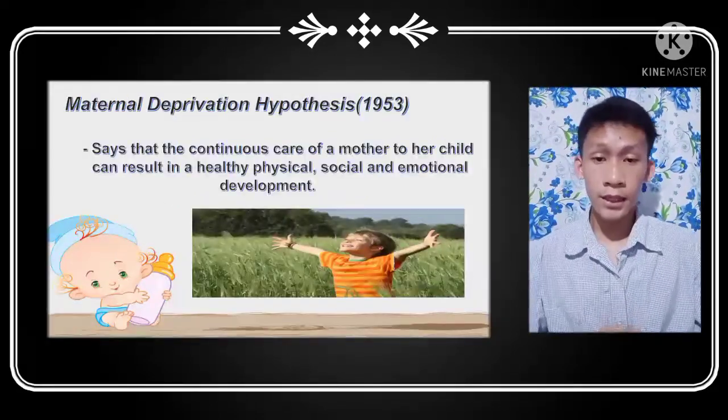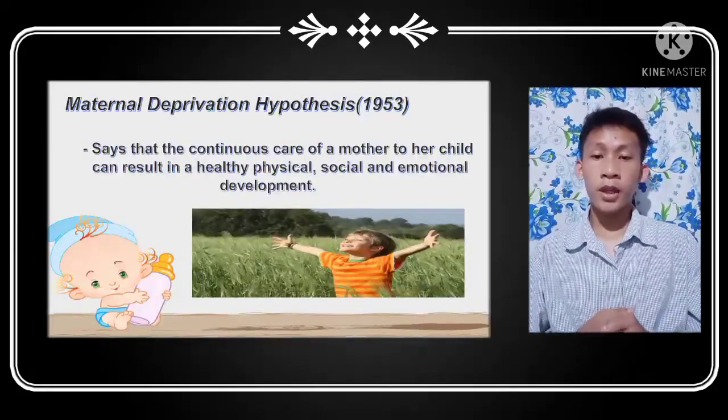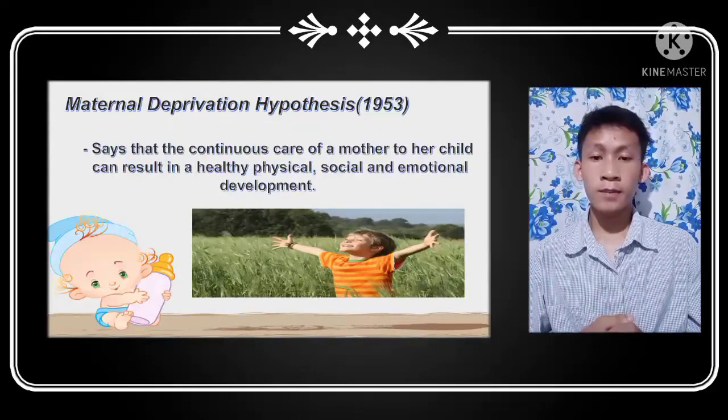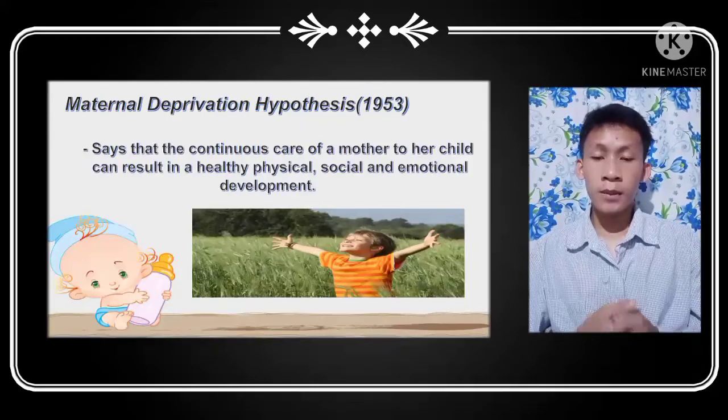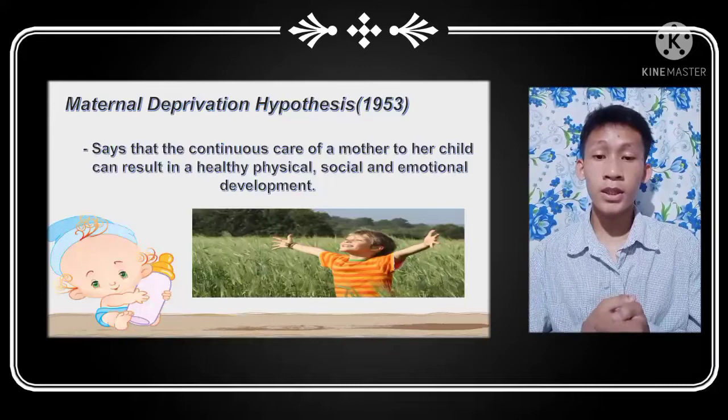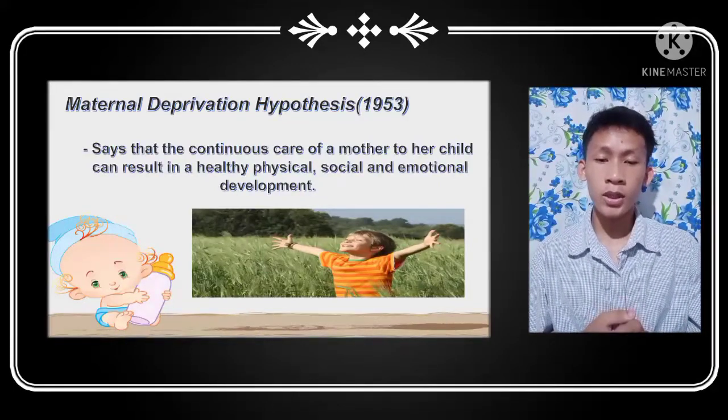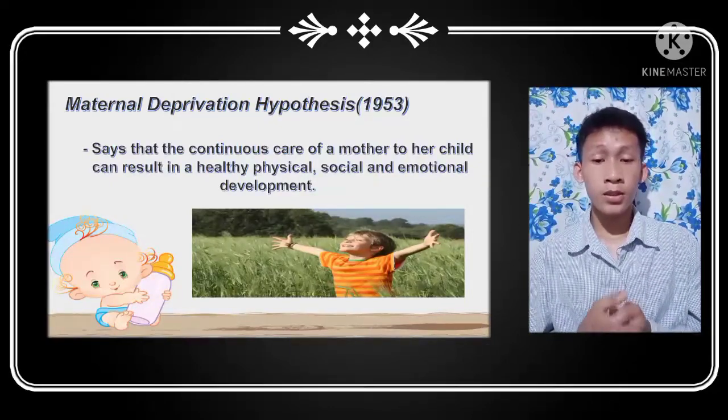After several years, he came up with the hypothesis which was published in the year 1953. This hypothesis says that the continuous care of a mother to his or her child can result in healthy physical, social, and emotional development. It is true, because it is proven.